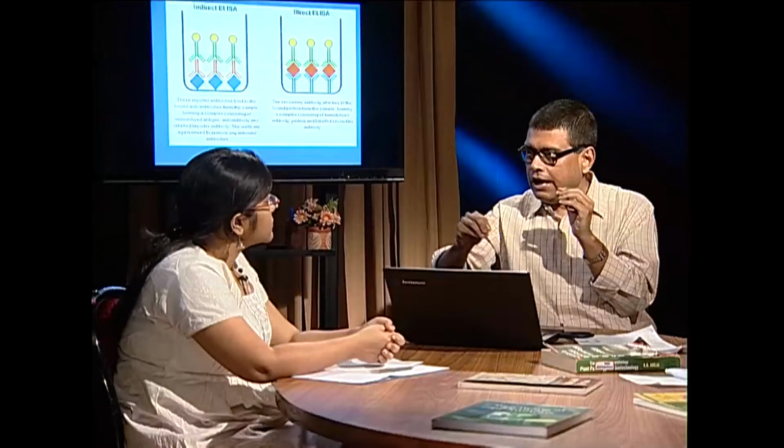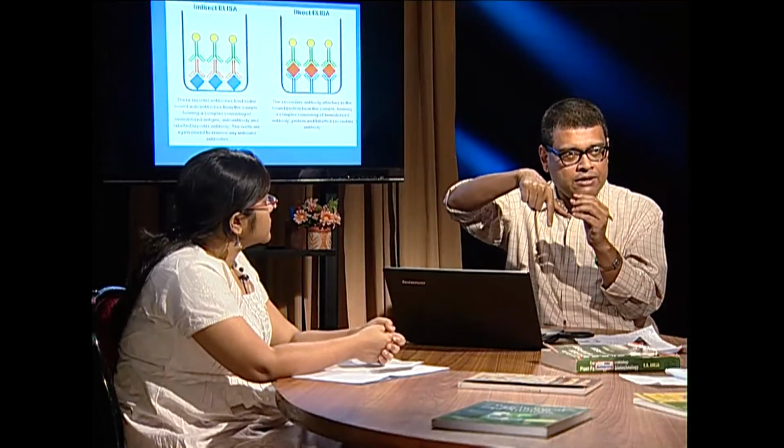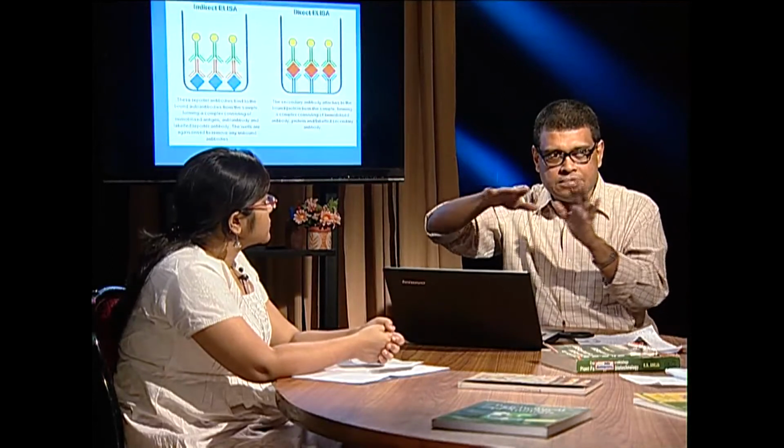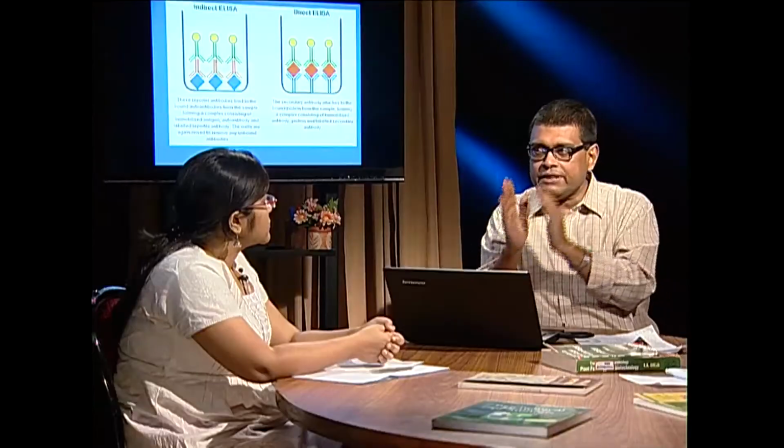If there is a particular substrate associated with that binding which can release some color when a specific enzyme is added, that color will be released. The quantity of the color will denote the level of infection. So if there is an unknown disease, by doing this test we can say this person is suffering from this disease even if there is no external symptom.